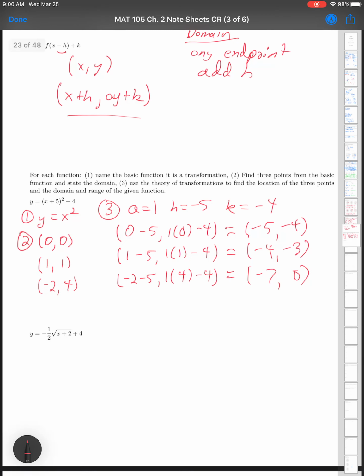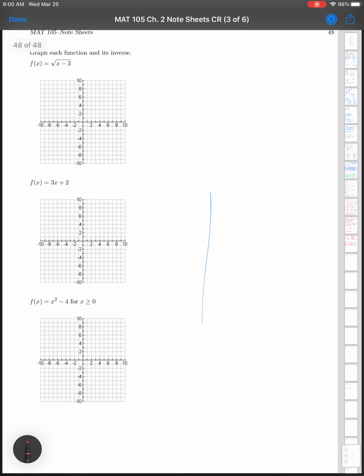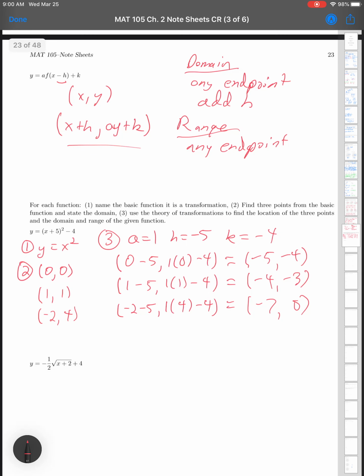And for the range, take any endpoints, multiply by a and then add k.